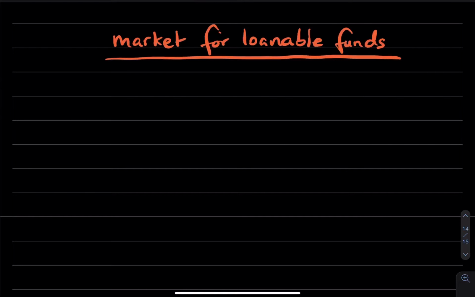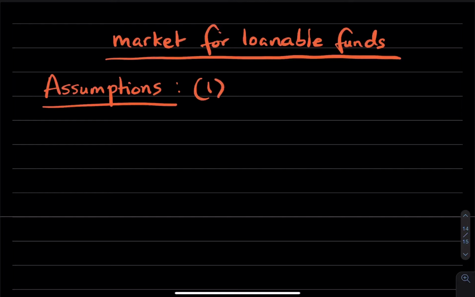And these can be relaxed when you want to make the model more complicated, but for our understanding at a very basic level, these assumptions suffice. So the assumptions here are that we just have a single financial market, just one financial market.